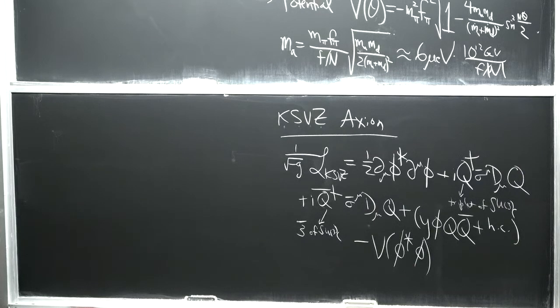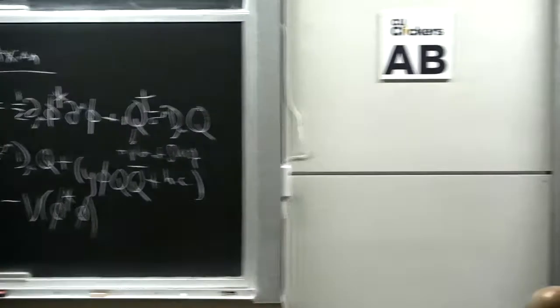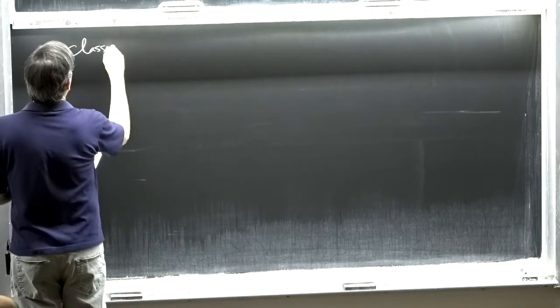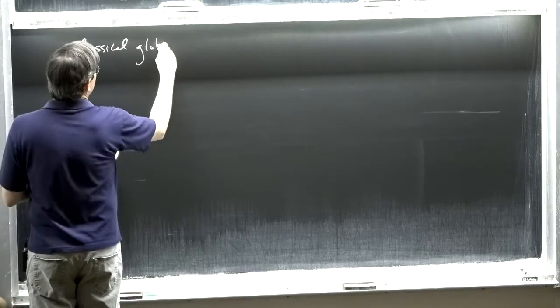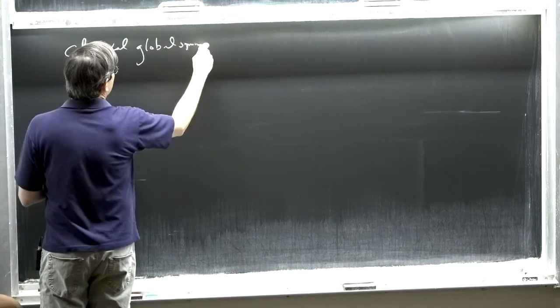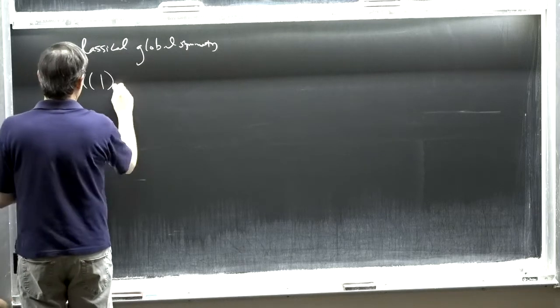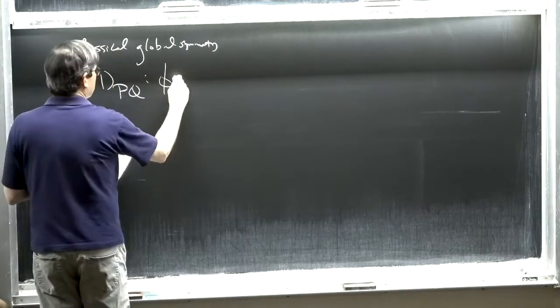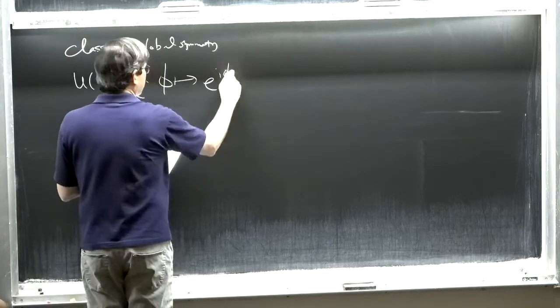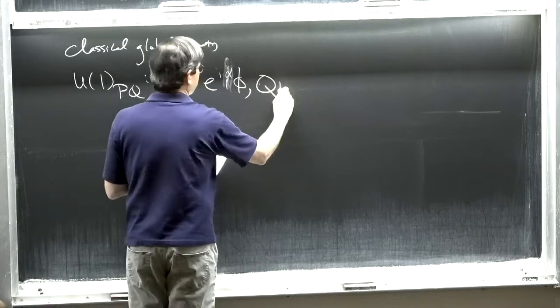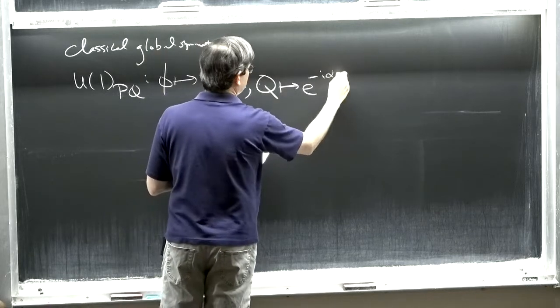Let's analyze it. It has a classical global symmetry generated by two different U(1)s. One of these U(1)s rotates the field phi and rotates the field Q in the opposite direction.